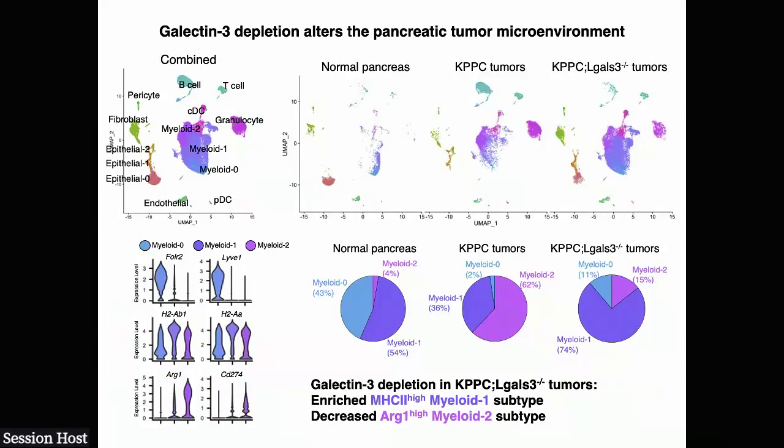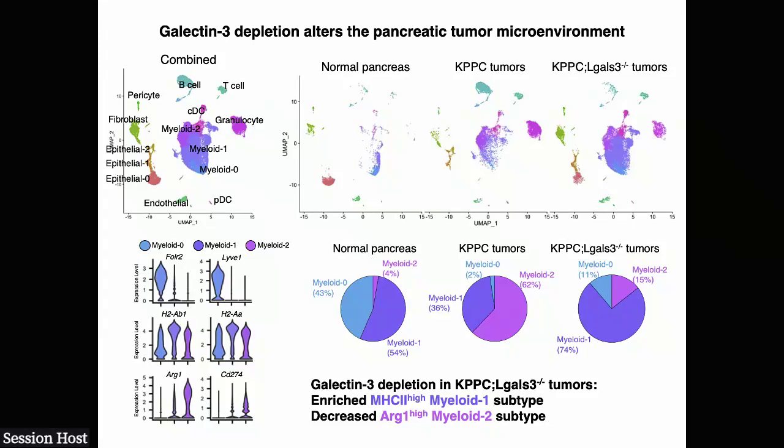In order to understand why this happens, we utilized single-cell RNA sequencing to compare the control tumors versus the galectin-3 knockout tumors. The first thing we noticed is the significantly accumulated macrophages, as shown by the purple and pink colors. Especially when we compare the control tumor versus the knockout tumor, we can see significant accumulation of the purple-labeled subtype of macrophages.